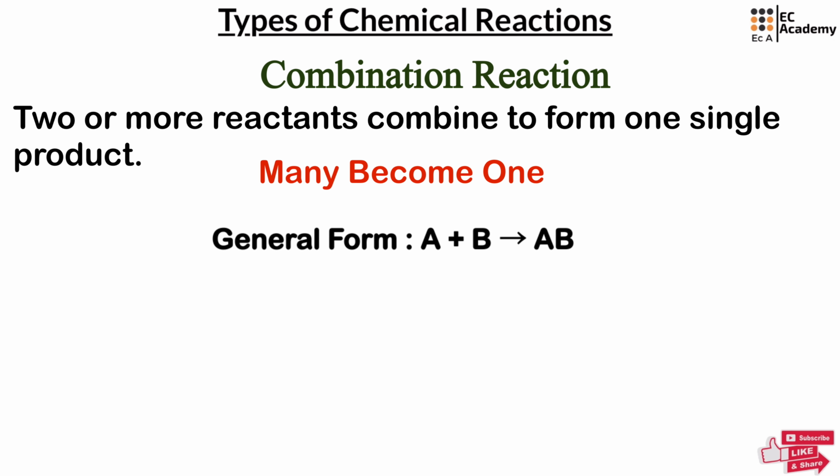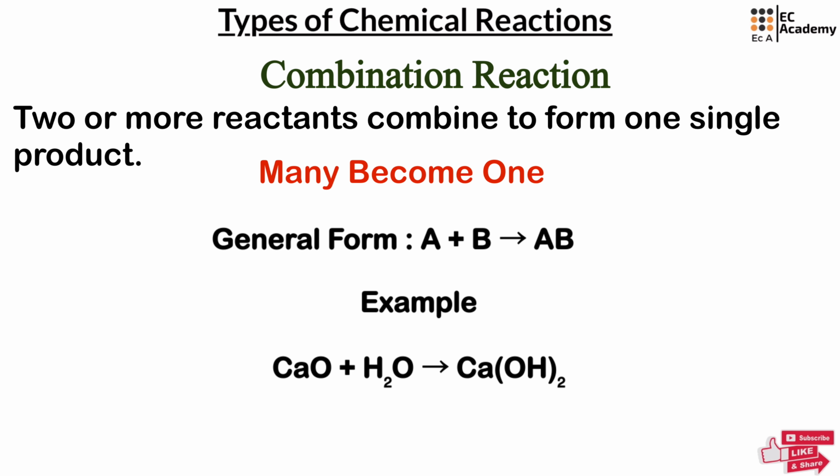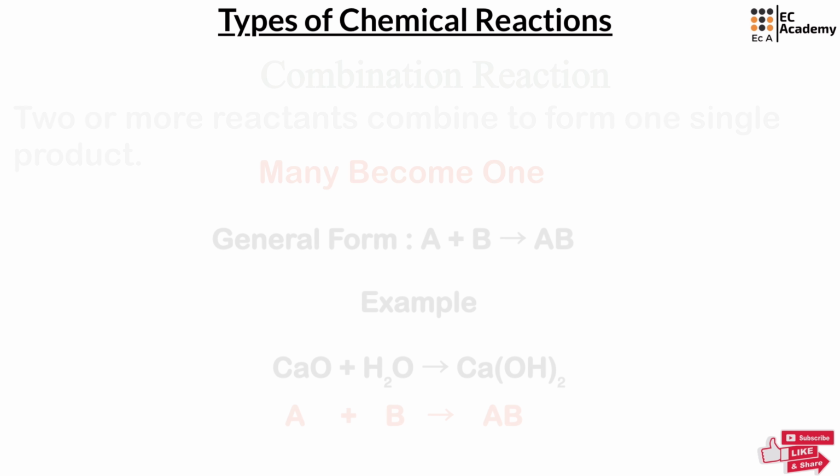That means two substances combine to make one substance. For example, when quicklime reacts with water, it forms slaked lime. Easy, right? So, whenever many reactants become one product, it's a combination reaction.